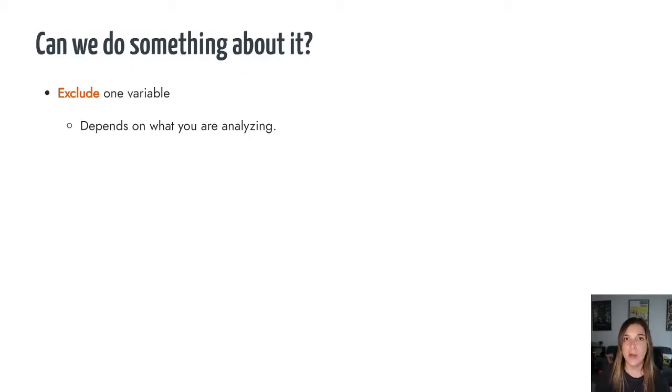What can we do about it then? Depending on the analysis that we're conducting, it might be a good idea to just exclude one of them. We don't need two variables that are capturing exactly the same thing. And if we want to get to the bottom of how an extra room, for instance, affects the sales price, then we should probably exclude living area because that's already being captured in that other variable.